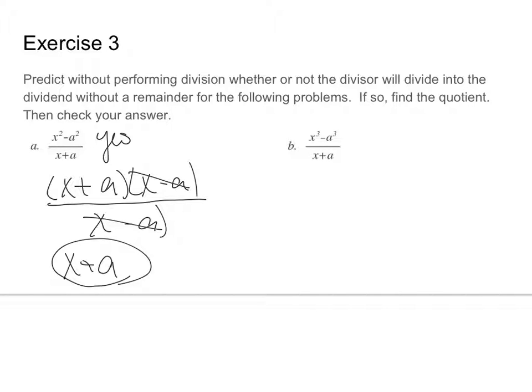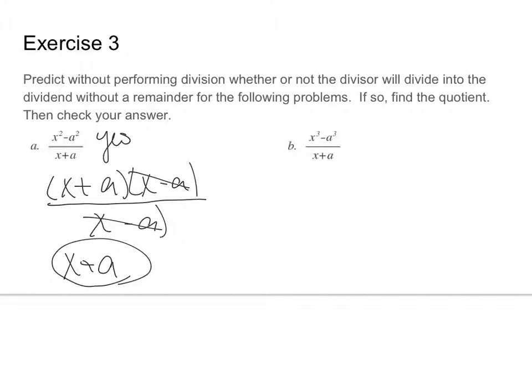Here I have the difference of cubes divided by x plus a. I'm going to go back a slide. So here I have the difference of cubes divided by x plus a. Predict. If so, find the quotient, then check the answer. This one isn't going to work, and I'll show you somewhat quickly.